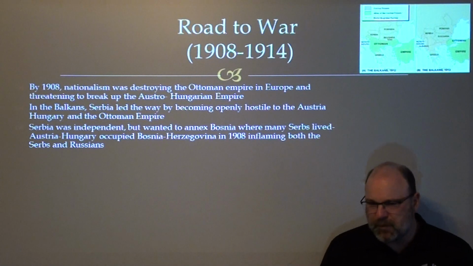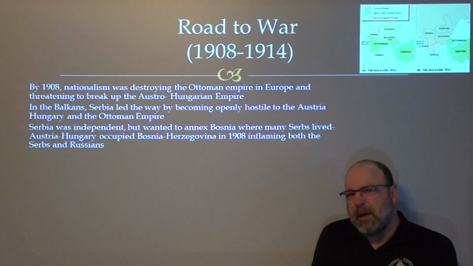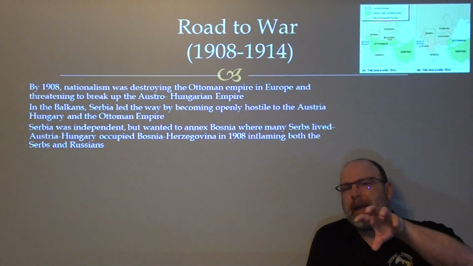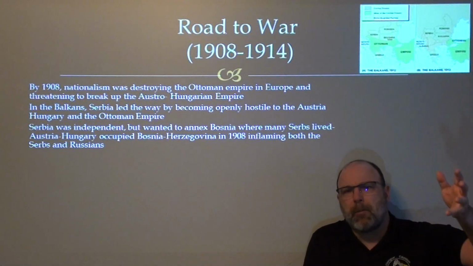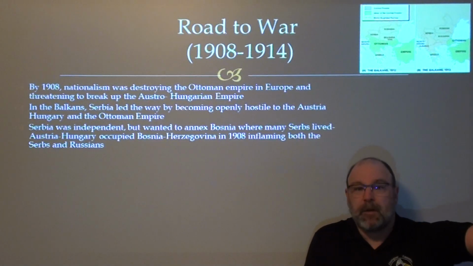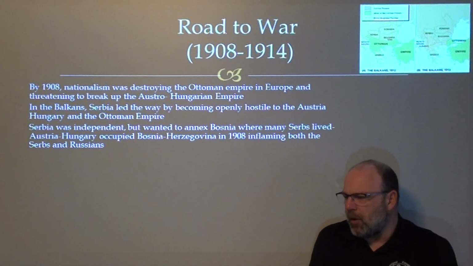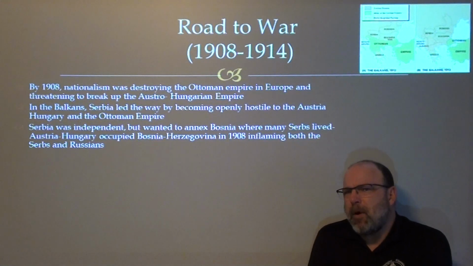Okay, this confuses a lot of people, so I want to make this really clear. Serbia was an independent state, and it bordered on the Austro-Hungarian Empire. Within the Austro-Hungarian Empire was a province, I'll call it, called Bosnia. And within Bosnia, the majority of people there were Serbs. So if you were a Bosnian Serb, you're looking over the border at Serbia with a great deal of envy, and you want to be part of that.